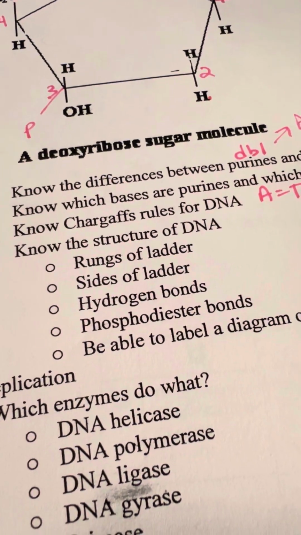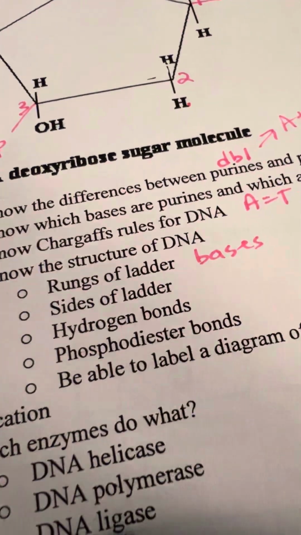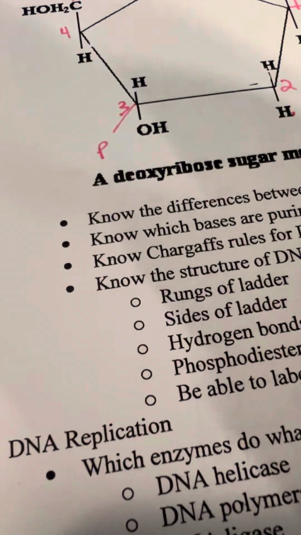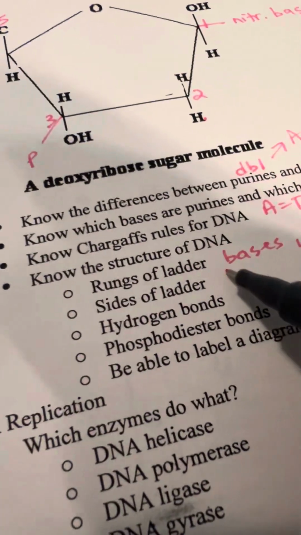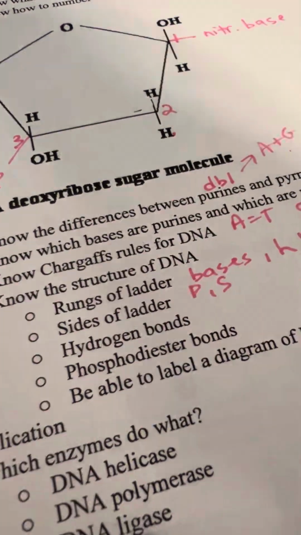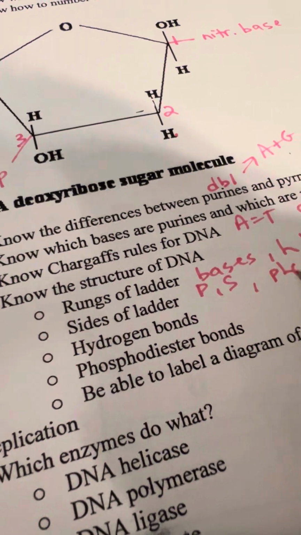So know the structure of DNA. Know that the rungs of the ladder are where the bases are, so that's where your A's and T's and C's and G's are in the middle. That's where you have the hydrogen bond, in the rungs. The sides of the ladder are the phosphate and sugar bonds, and that's the phosphodiester bond.